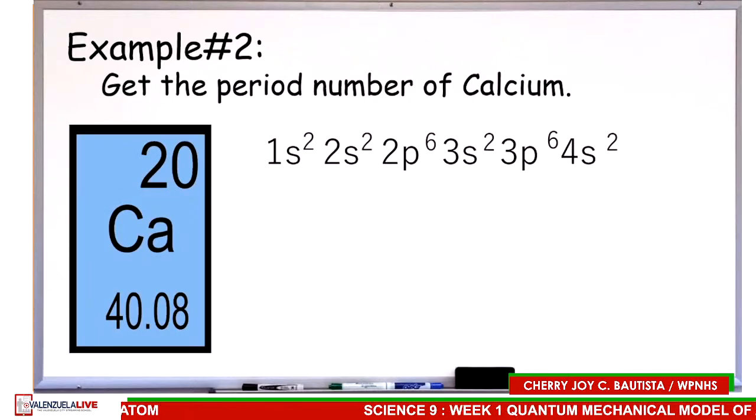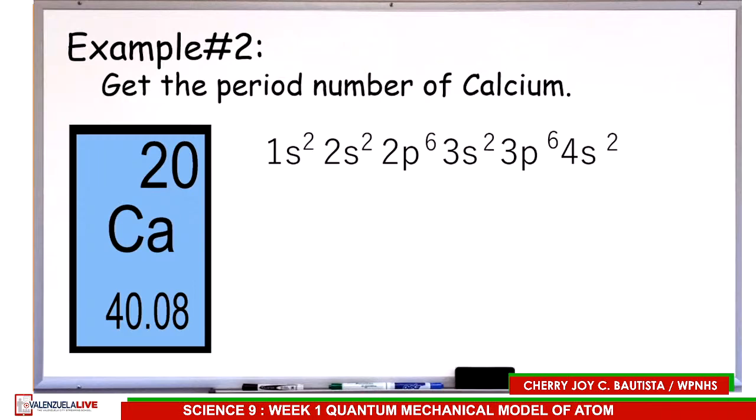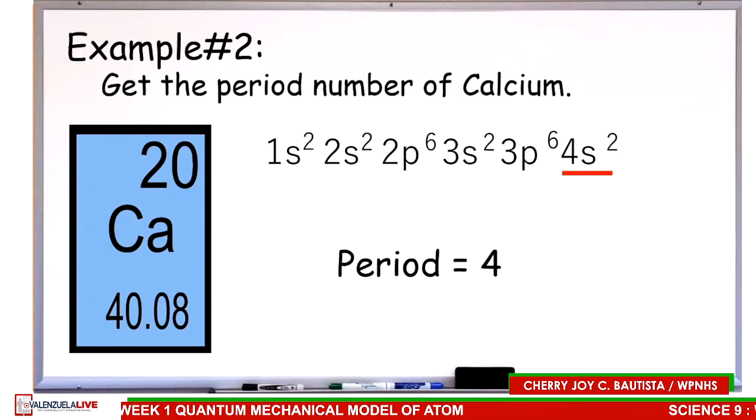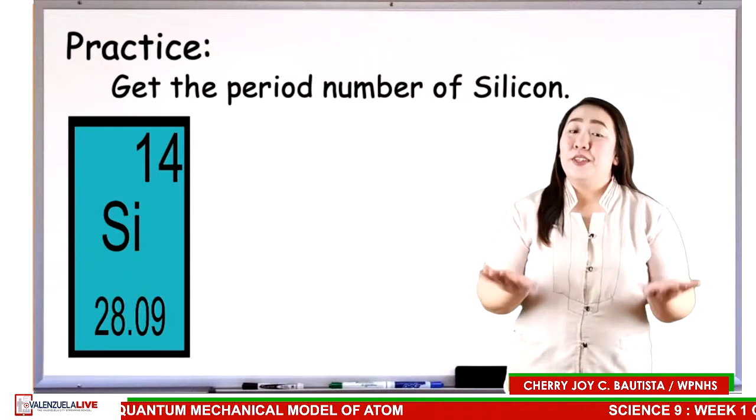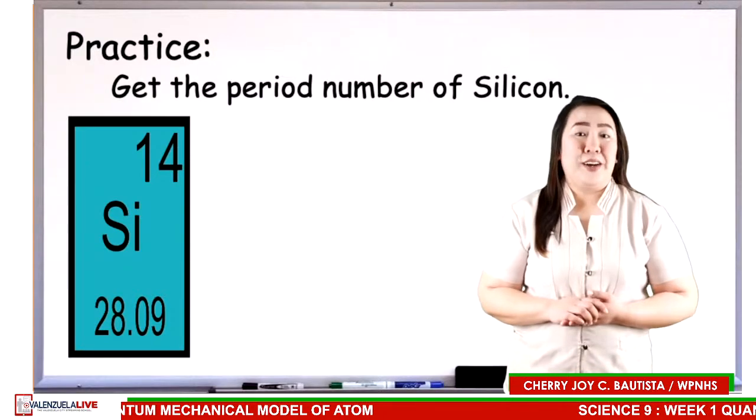Another example is calcium 20 with an electron configuration of 1s2, 2s2, 2p6, 3s2, 3p6, 4s2. The maximum value of n is 4. Therefore, calcium is found on period 4 in the periodic table. Can you get the period number of silicon?